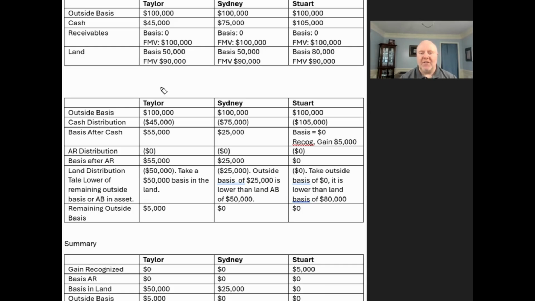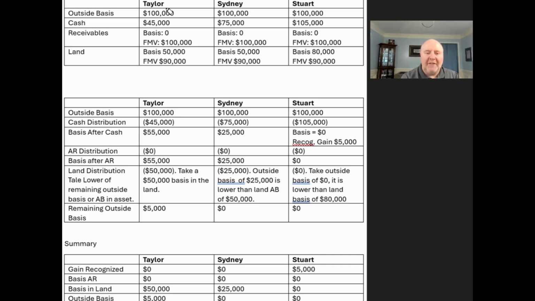In each of these scenarios, what we're assuming is that they're making distributions of cash, receivables, and also land. So the first one we're going to have is Taylor. Taylor's a partner here, and Taylor receives a distribution. These are all different partnerships, so don't think that whatever happens to Taylor relates to Sydney, who relates to Stuart. They're all different partnerships.